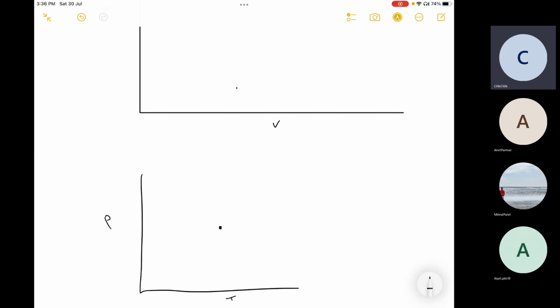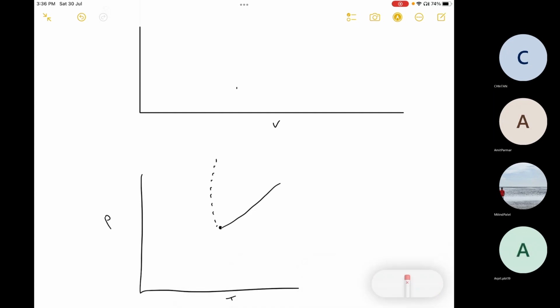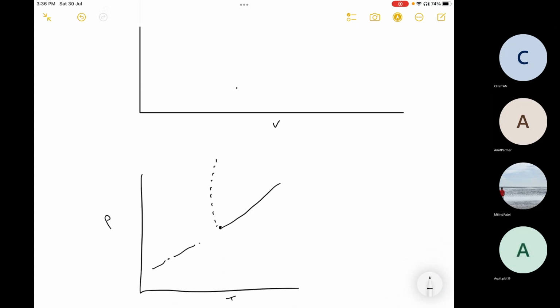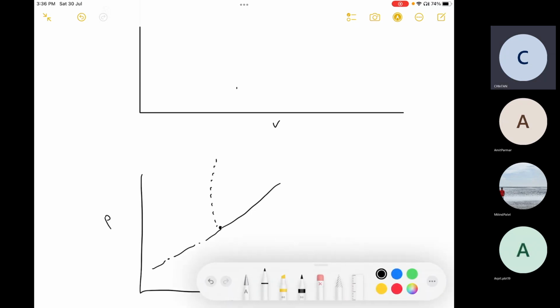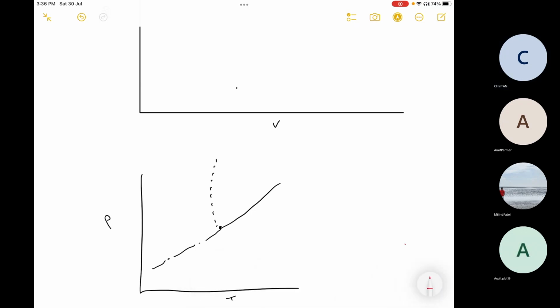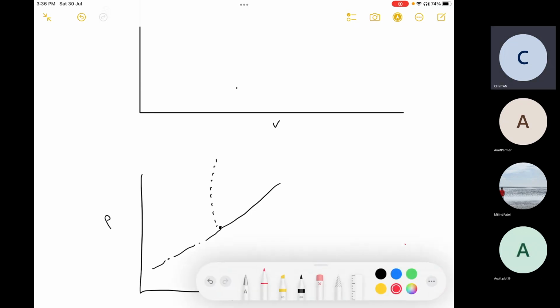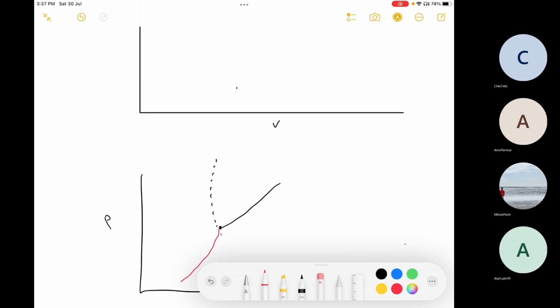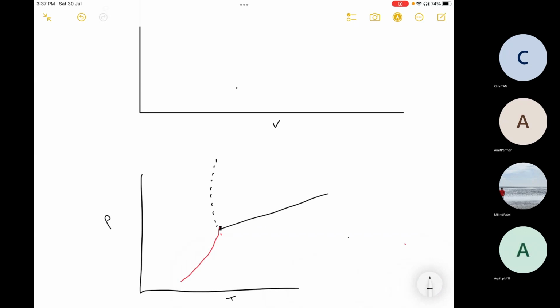You know this diagram, I hope. Okay, good. For now, let's consider this.